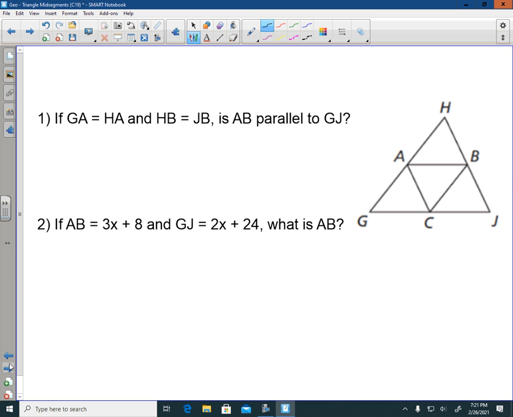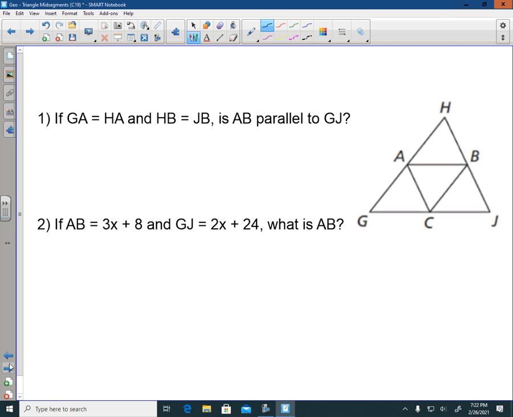That brings us to problems like this. So just a different way of looking at the same theorem. Number 1, we're going to mark up the figure, and then we'll go back and do it again for number 2. These are separate problems, but we're going to use the same figure for them. So let's work our way through this. If GA is equal to HA, and HB is equal to JB, is AB parallel to GJ? What?